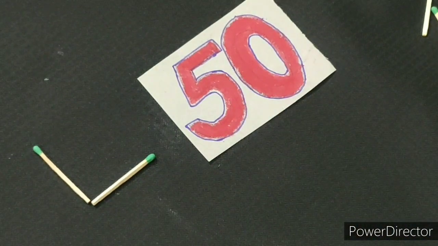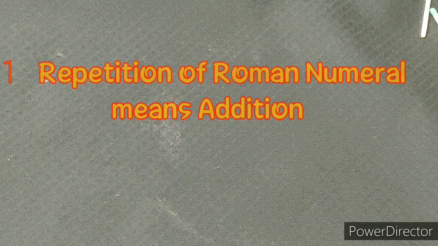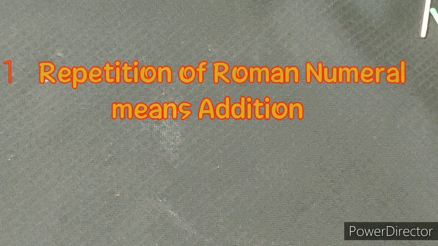How to do it? Our rule number 1 is: repetition of a Roman numeral means addition. We will call these numerals Roman numerals. Repetition of a Roman numeral means addition.